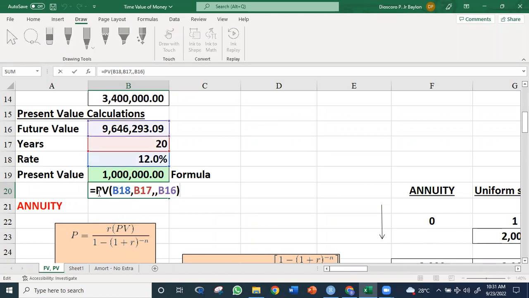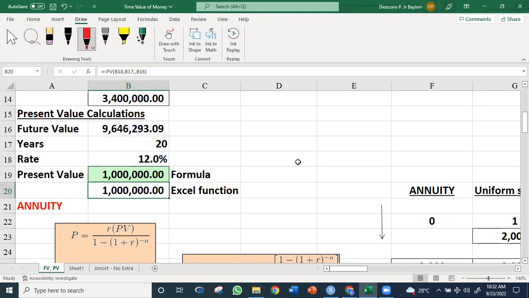So I'll put a negative sign here so that it removes the negative answer. We're not interested in whether this is an investment or a loan. We're just interested in the amount. How much is the present value of 9646293, which is the cash flow in 20 years' time at 12% interest. And you should be getting also 1 million.